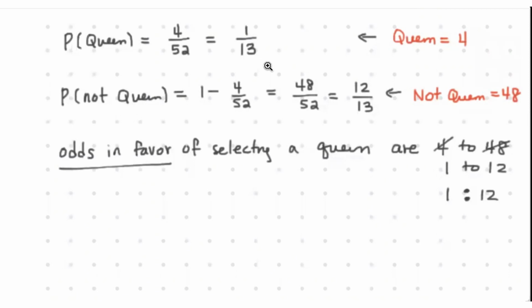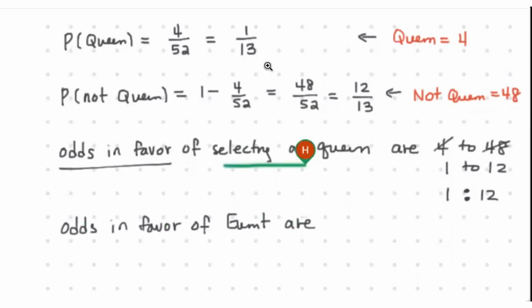Okay, so here is odds in favor of an event. This time the event is selecting a queen. It is 1 to 12.